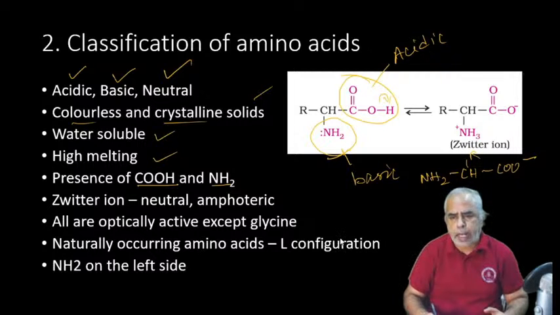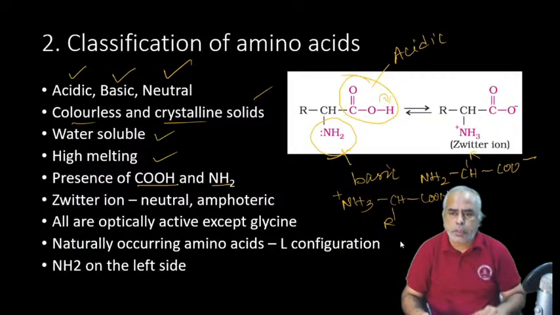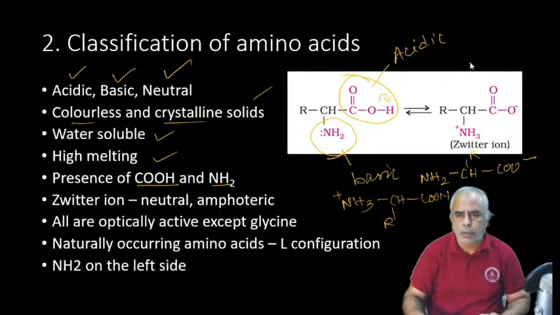This is anion. What about the cation? That is NH3 plus CH R COOH. This is the cation. And which is the Zwitter ion? That is dipolar ion. It has got both ions. This is known as Zwitter ion because it has got both.